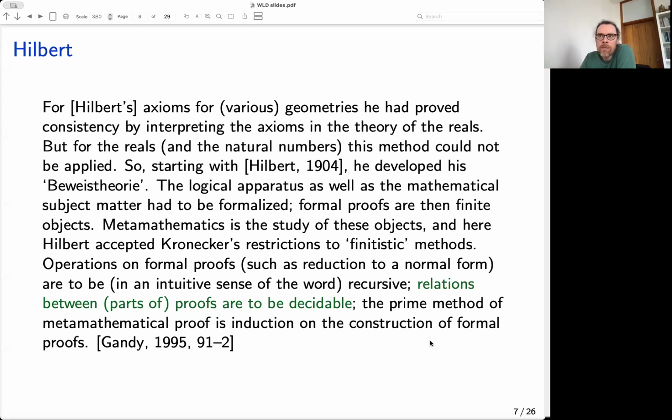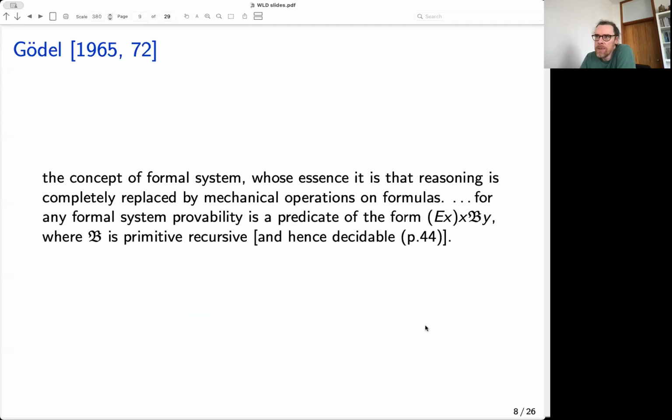Okay, so the third example I'm going to give from the history is Gödel. Here's a quote from Gödel: "The concept of formal system, whose essence it is that reasoning is completely replaced by mechanical operations on formulas." And then he said, "For any formal system, provability is a predicate of the form: there is an X such that X B Y, where B is primitive recursive, and hence, as he says a little on a different page, decidable."